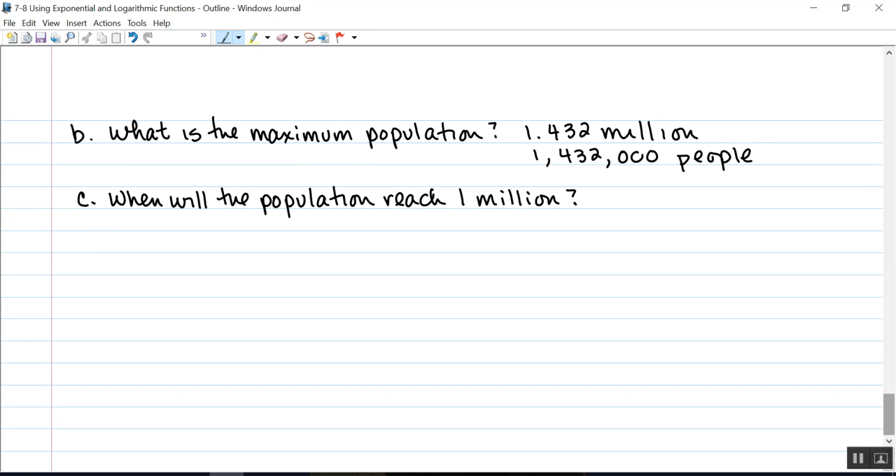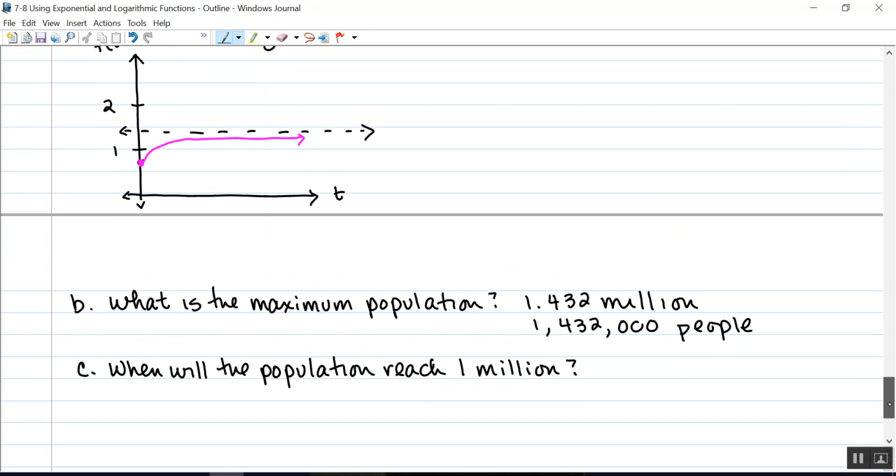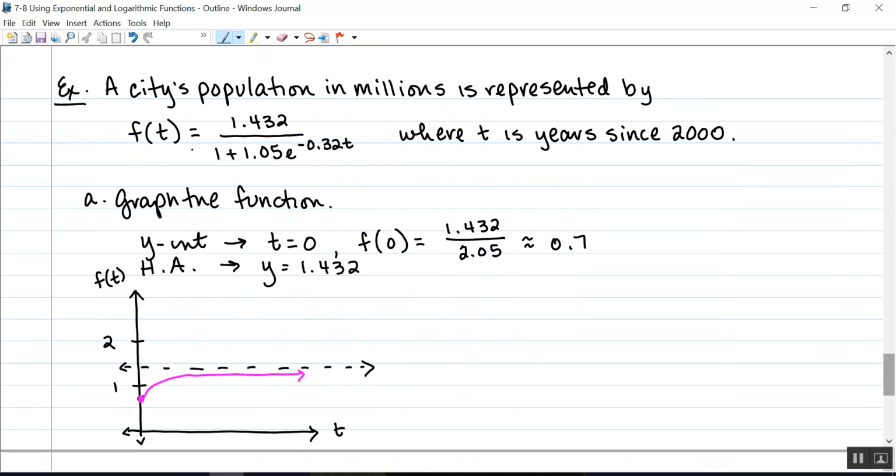And when will the population reach 1 million? Let's go back and look at the function here. After how many years, so I need to find t, is this value going to equal 1 million? Now remember, this number is in millions, so I'm going to make f(t) equal to 1.